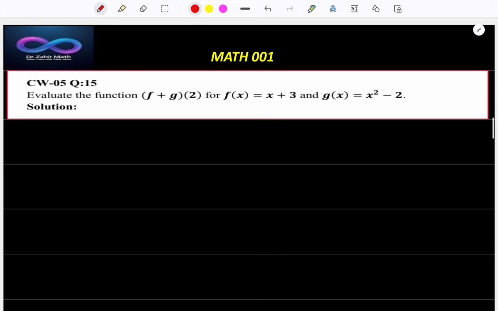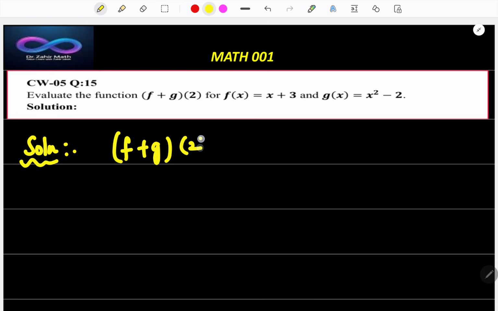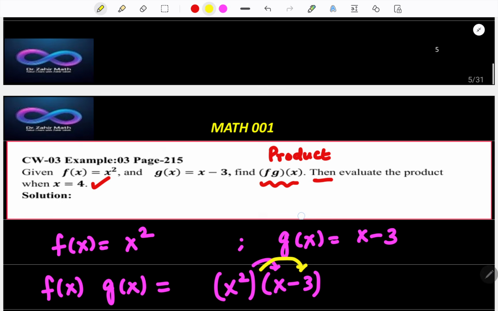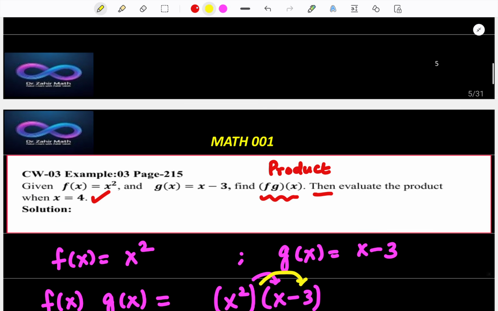Evaluate the function f plus g of 2 for f of x equals g of x. Now look here. The question is not asking f plus g of x. They are asking directly what? F plus g of 2. Direct. So far in all the questions, you look here everybody. First find f plus g and then evaluate at x equals 4.